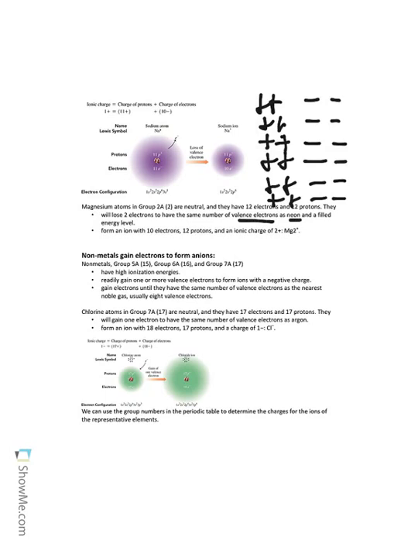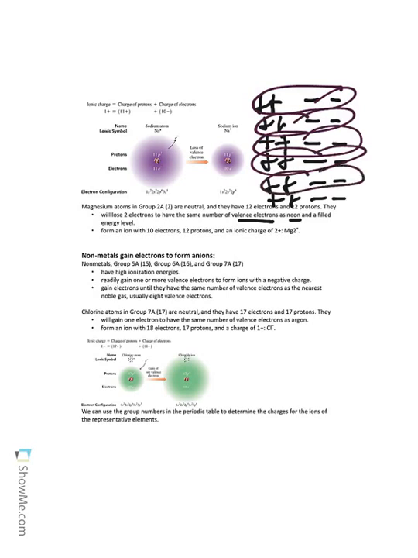If they were to lose 2 electrons, well, let's erase those 2 electrons. Oops, I didn't mean to erase these two. If they were to lose 2 electrons, they would have a leftover charge of +2. Therefore, magnesium likes to form ions with a charge of +2.